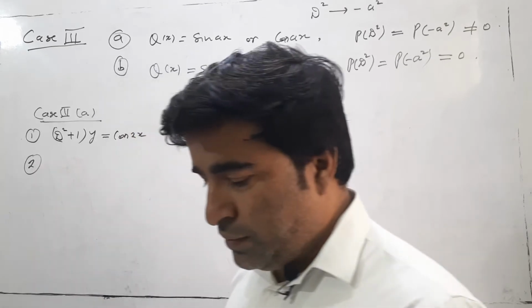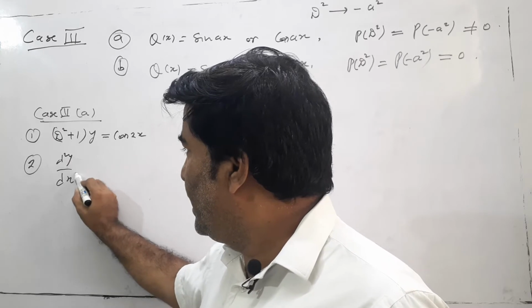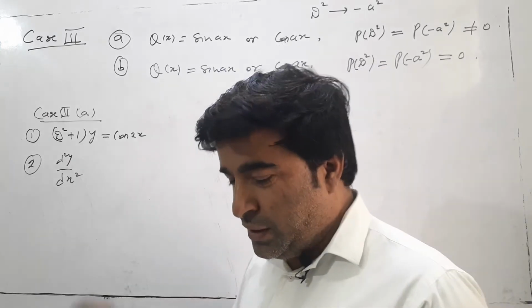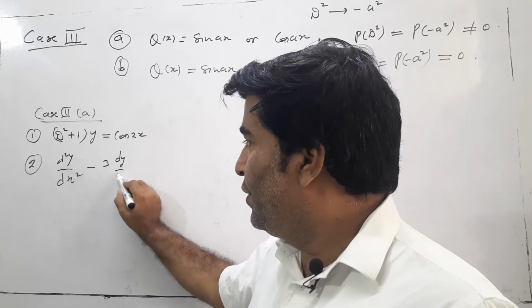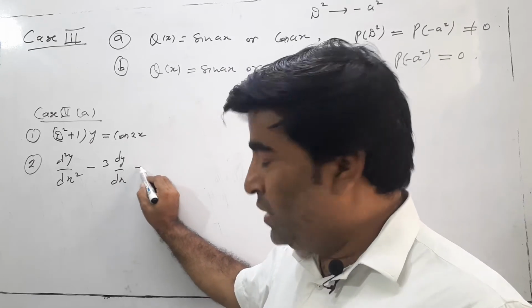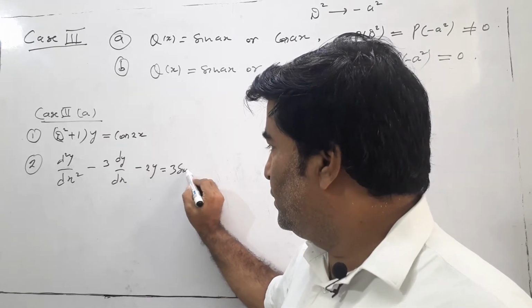And number 2: d square y over dx square minus 3 dy over dx minus 2y is equal to 3 sin x.